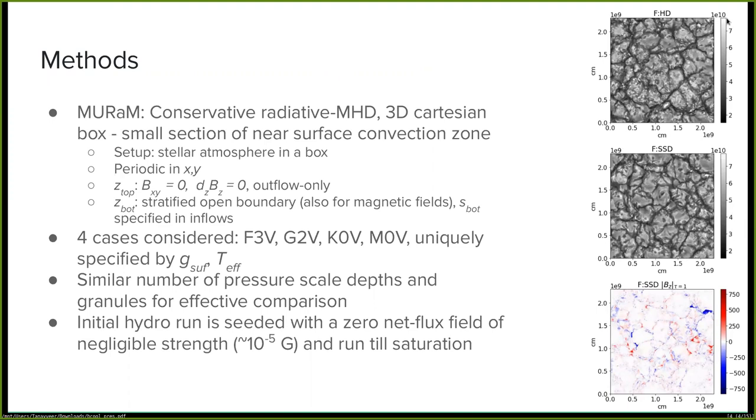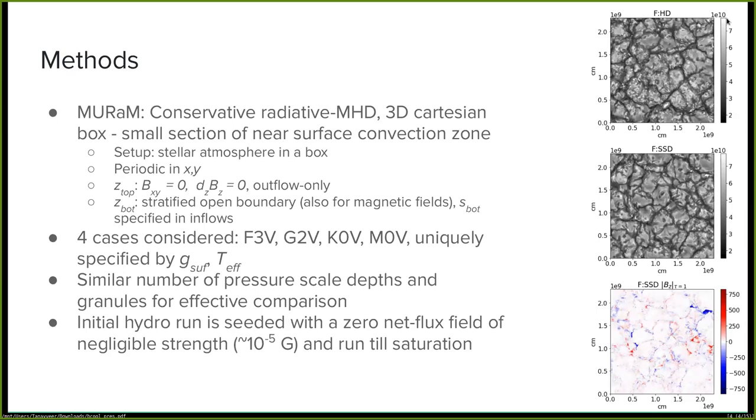The setup quickly: it is periodic in the X and Y directions. The top boundary is very simple for magnetic fields, it's vertical only, and for the plasma, it's outflow only. At the bottom boundary, it's a stratified open boundary to allow for realistic-looking convection to take place, and the entropy influx is specified at the bottom boundary.